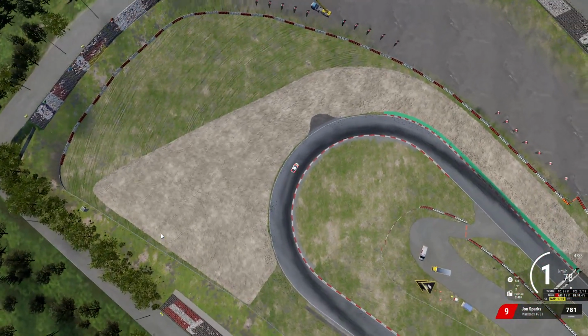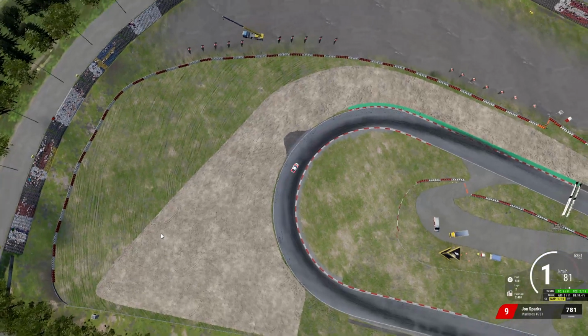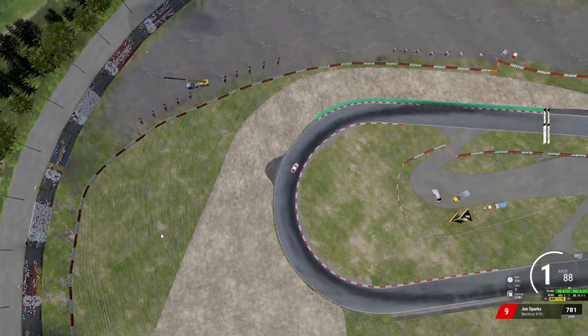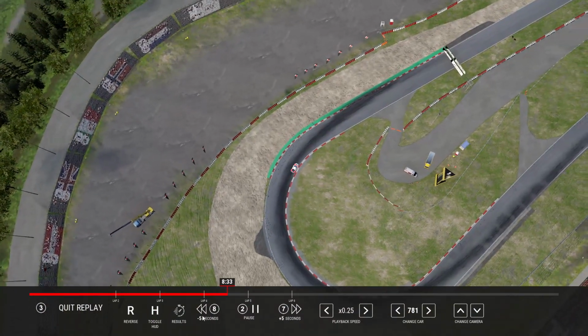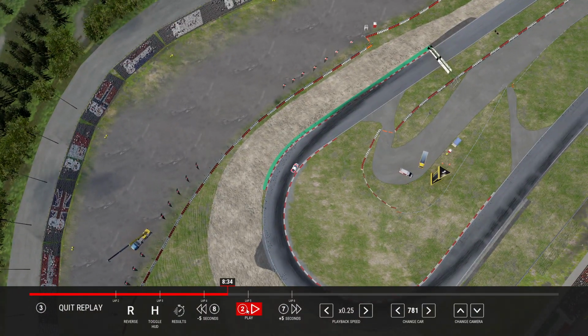Right? Yeah, I see it now. Huge difference, massive. And the only way you could accomplish something like that on a corner like this is to spend enough time working on your trail braking so that you have the confidence to rotate the car on the brakes, right? That's really what I'm getting to.